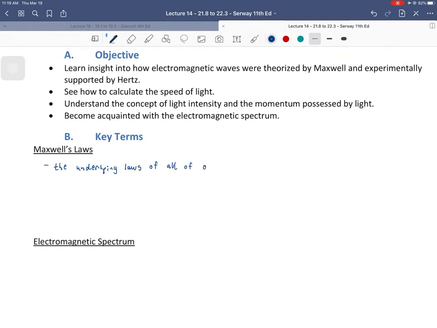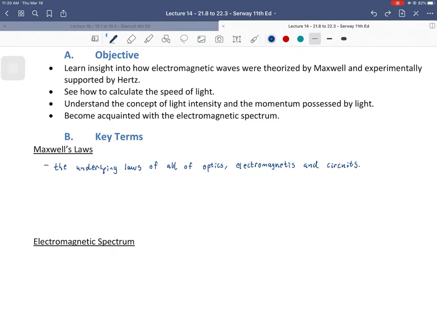So all of optics, electromagnetism, and circuits. In a sense, of course, circuits falls under electromagnetism if we're talking about Venn diagrams, right? But these are topics that are often discussed, so it's important to know that all of them are explained by Maxwell's laws.